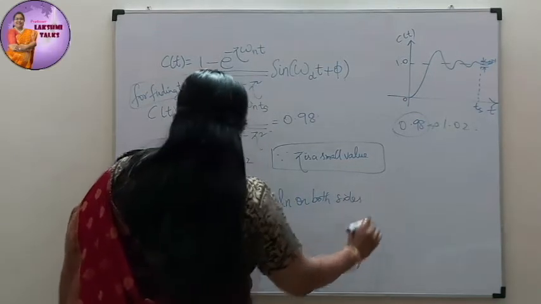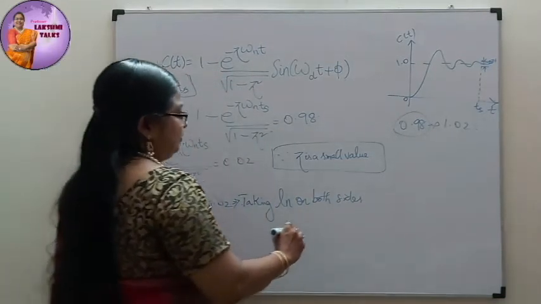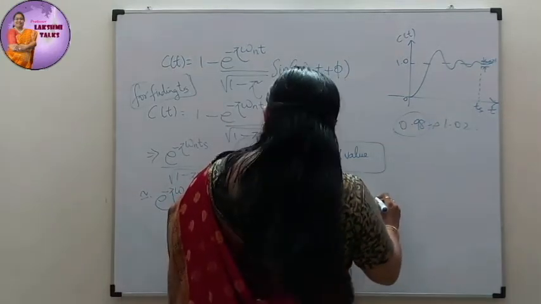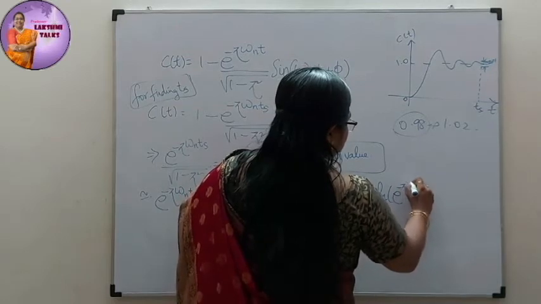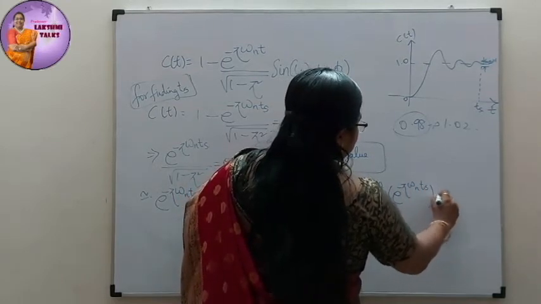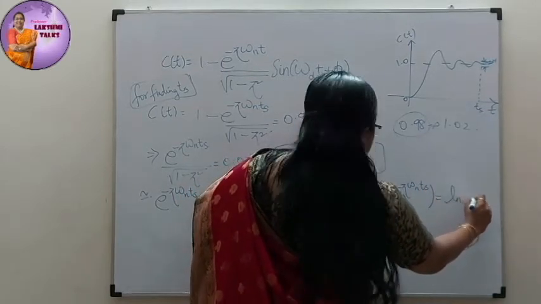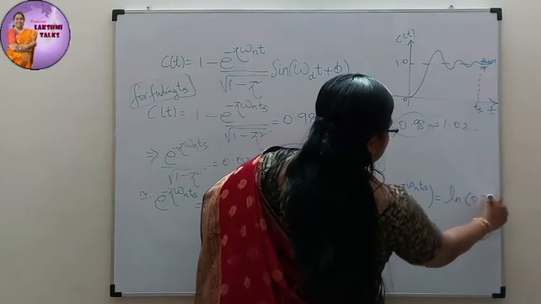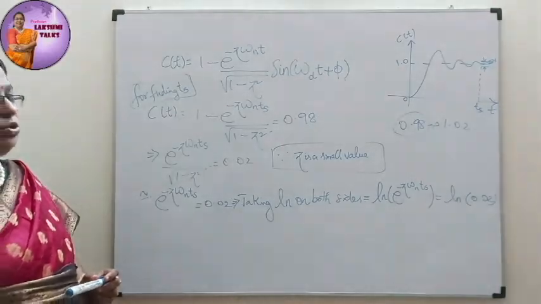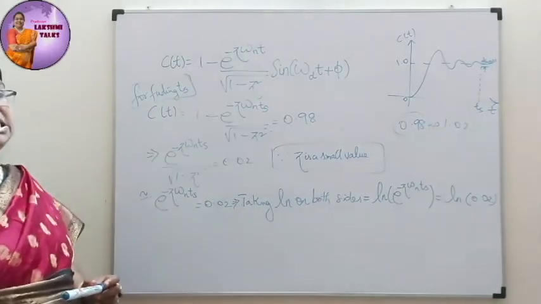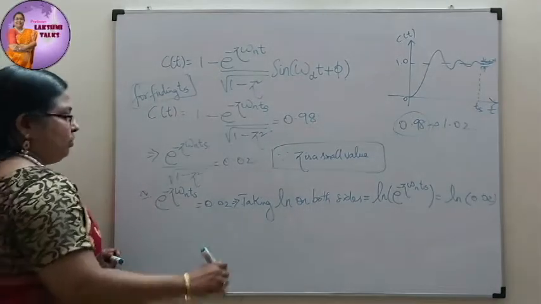Ln of 0.02: when you take ln of 0.02, it comes to around minus 3.91. If you want, you can check it out.